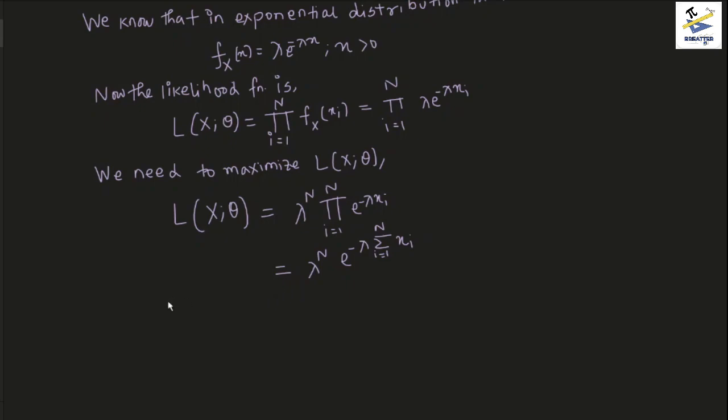So what we do is, instead of the likelihood function, we rather maximize the log likelihood function, and since the log function is increasing, we get the results we want. So it works as follows.